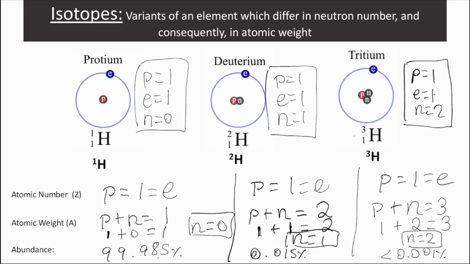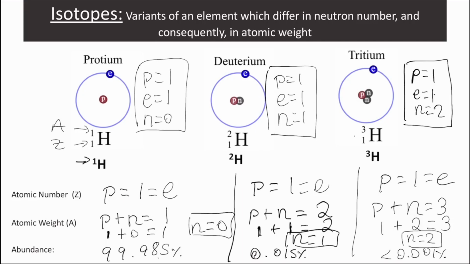Okay, so we can see that the 3 isotopes of hydrogen have the same number of protons and electrons, but they differ in number of neutrons. In the symbolic form, we can check this also quite rapidly by knowing that the first number here is the atomic weight, and the second number is the atomic number.